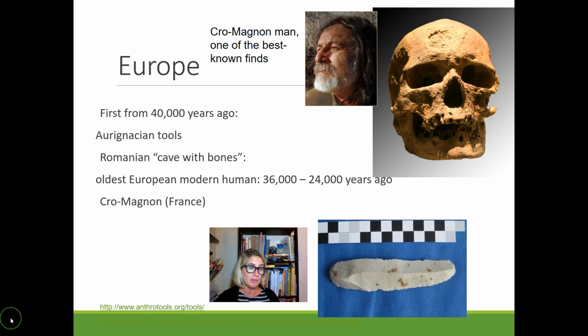Some of the best known anatomically modern Homo sapiens finds in Europe are from the site in France known as Cro-Magnon. If you hear this term, oh, he's a Cro-Magnon, what they're referring to is an anatomically modern Homo sapiens in Europe, so an early modern human in Europe. But that particular site dates to, let's see, I think around 27,000 years ago. Here's one of the famous fossils, the old man of Cro-Magnon.